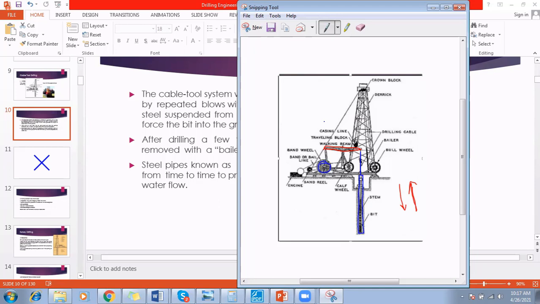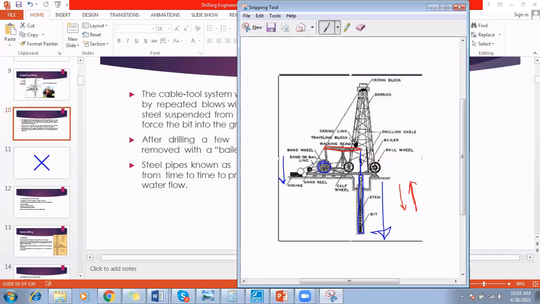Whenever this walking beam moves downward, the assembly moves downward, since it is attached to the walking beam, and whenever this walking beam moves upward, then as a result this whole assembly will move upward.